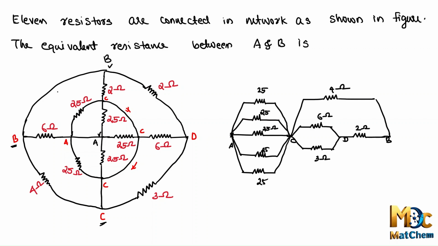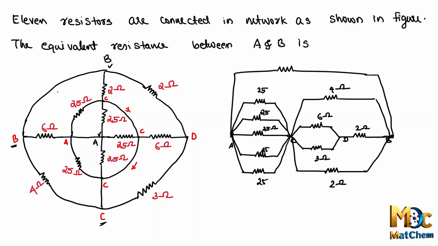There is a 4 ohm resistor between B and C, and in the same way, there is a 2 ohm resistor between B and C. Done. Then between A and B, there is a 6 ohm resistance.